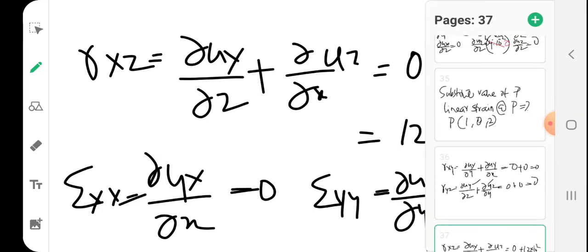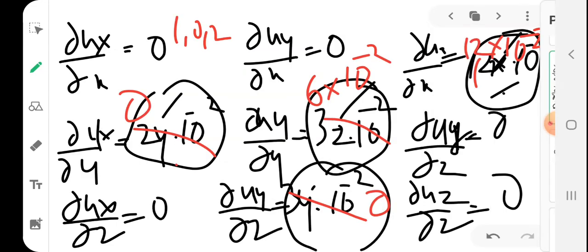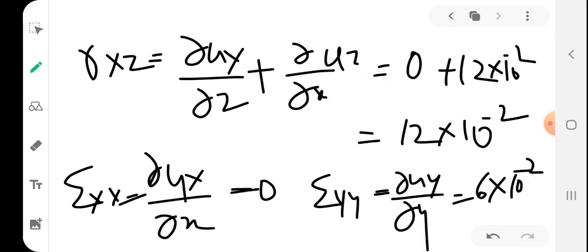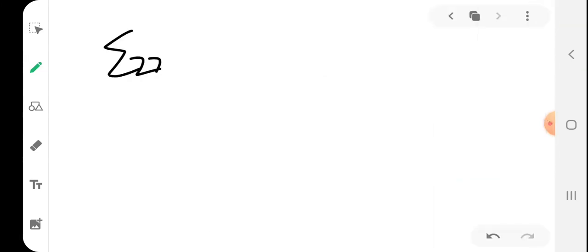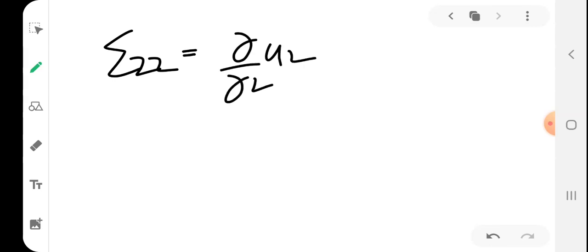Similarly, epsilon zz equal to ∂uz/∂z, and this value is also equal to 0. So this is how you find the strain matrix.